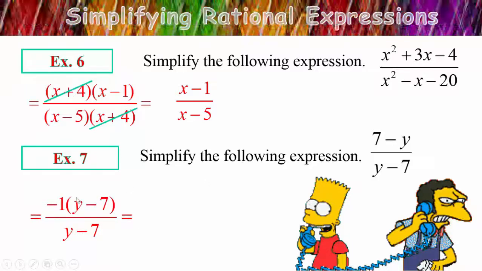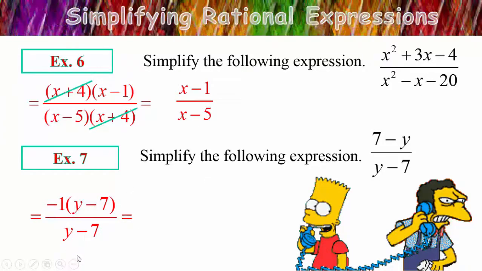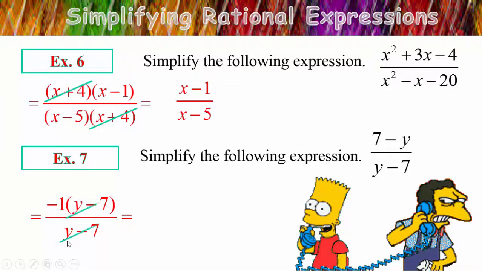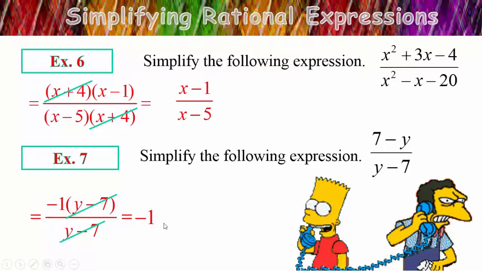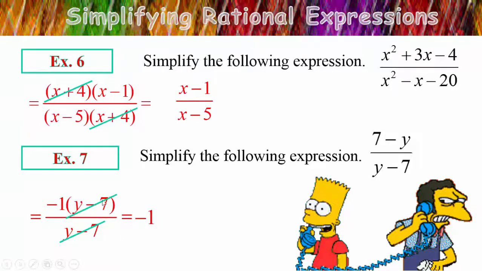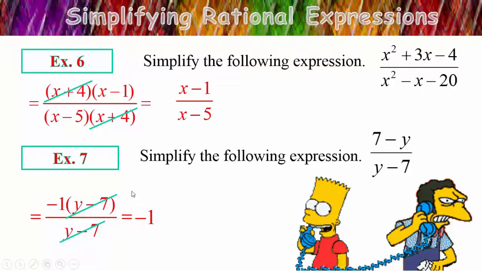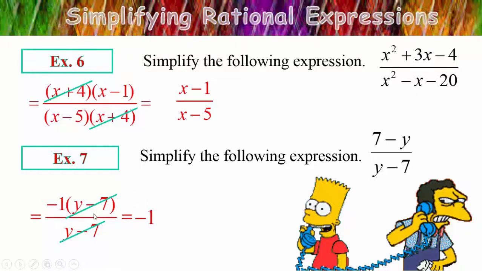So there we pull out the -1 and rearrange it so both the top and the bottom are the same. And that means they become 1 when they cancel. Our final answer is -1, because -1 times 1 will give you -1. Because when you cancel out, what you're essentially making is a 1. You're multiplying whatever it is by 1.